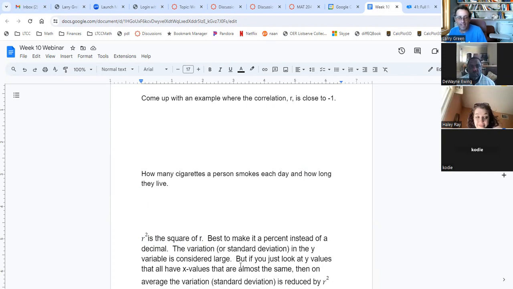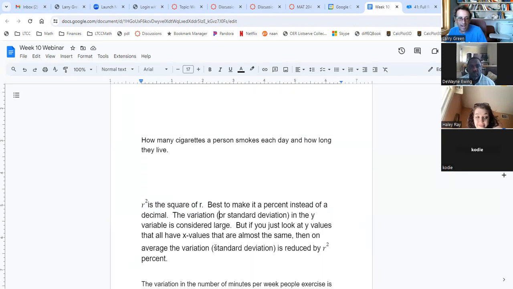But if you just look at y values that all have x values that are almost the same, then on average, the variation, which is the standard deviation, is reduced by that R squared percent. I'll let you read through this, make sure you understand it, because it's a little hard, and we'll look at our example.